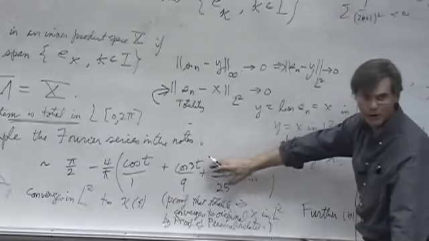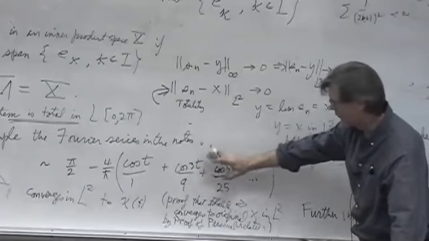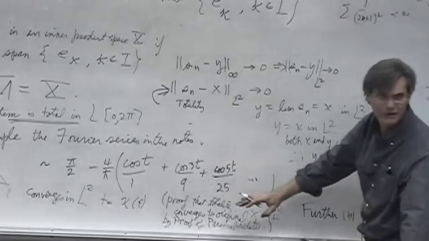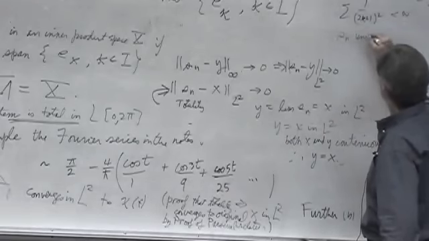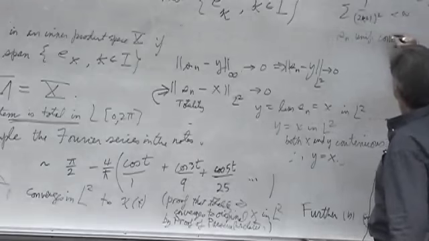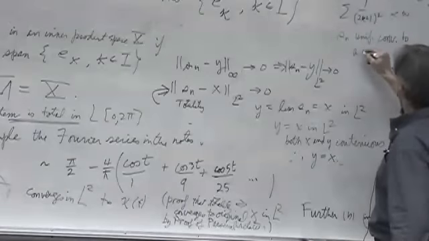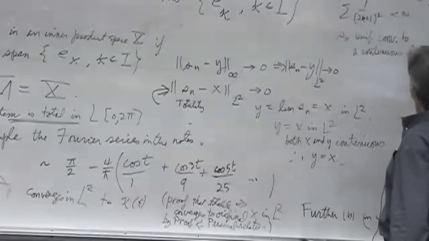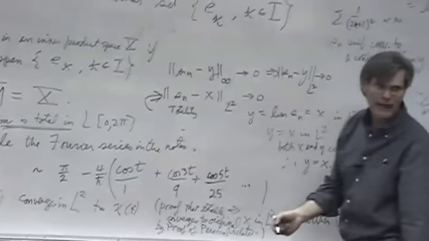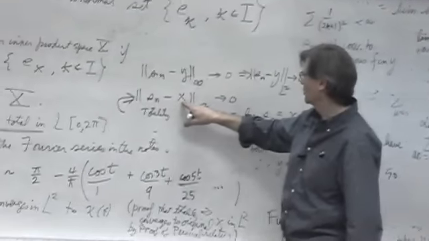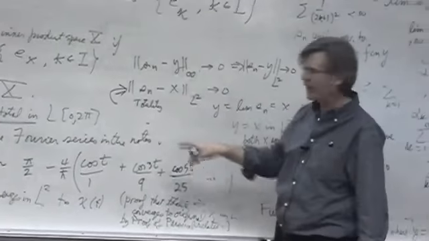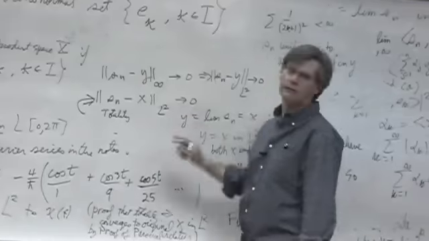And since the cosine is bounded by 1, this is a uniformly convergent series. Sn converges uniformly to a continuous function. But maybe y is not equal to x. But we know that Sn converges to x, the original function, by totality, in L2.